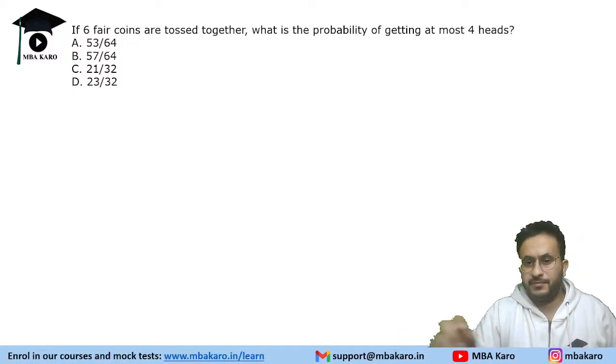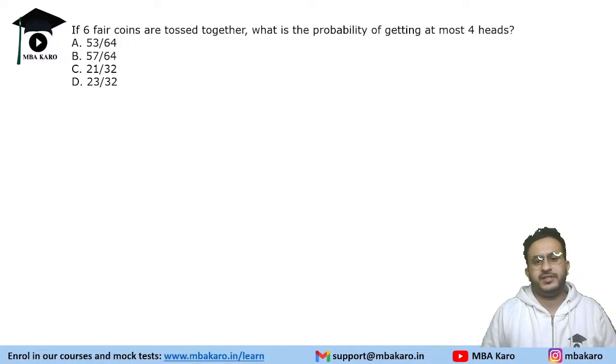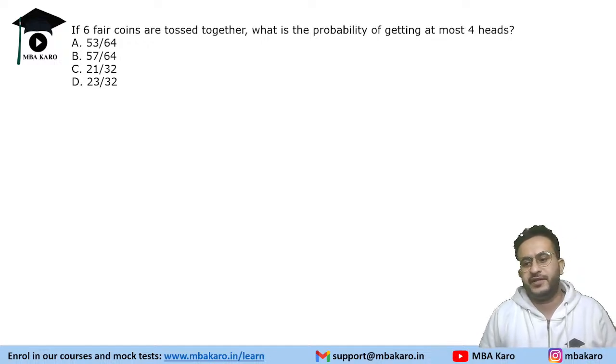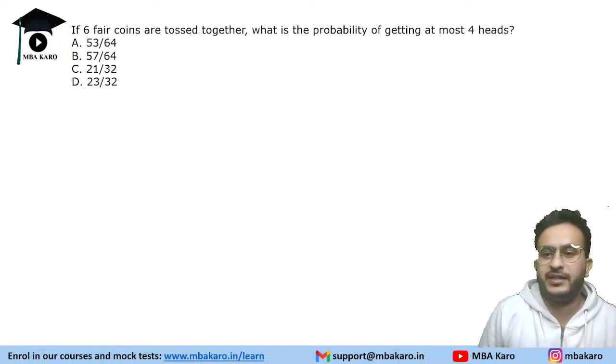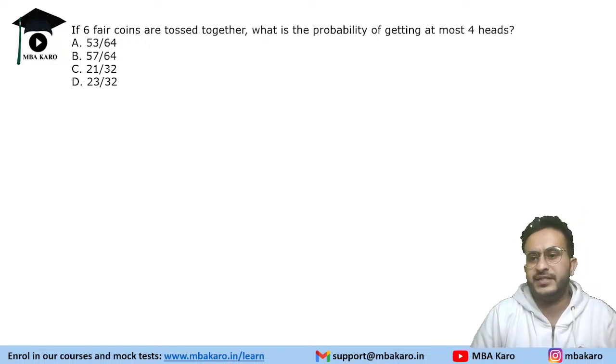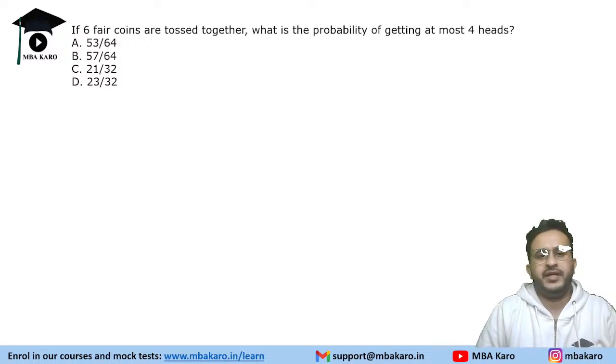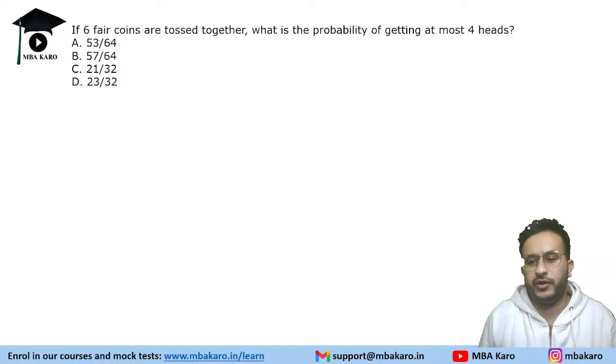So start with verbal and finish in 5-6 minutes, because in SNAP there is nothing like strong or weak in verbal, right? You know or you do not know. Look, it's not like other exams where you have to read RCs and do something, right? So at most there will be one para jumble question that will take you a little time. Otherwise all questions are like you know or you do not know.